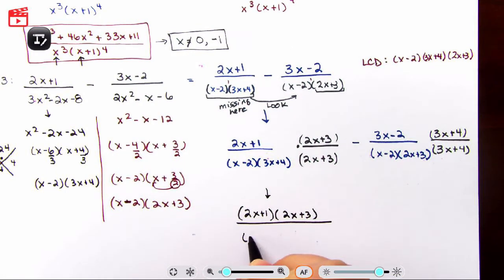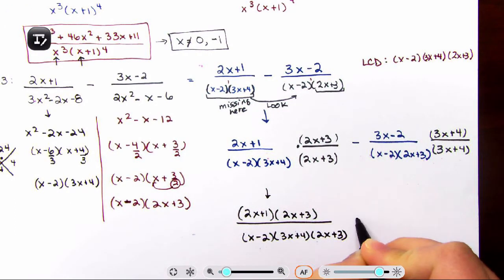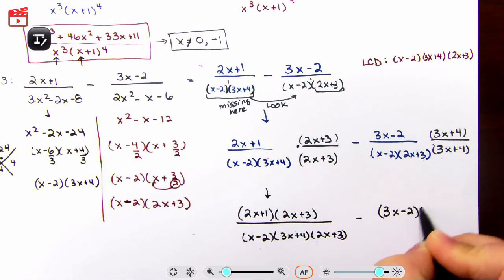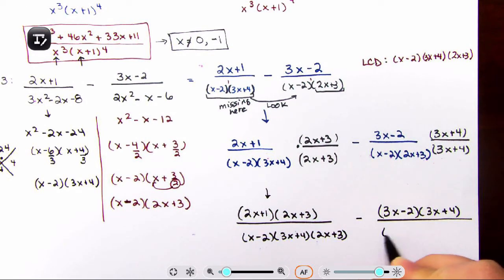My denominators stay as x minus 2, 3x plus 4, 2x plus 3, minus, and then we have our 3x minus 2 times 3x plus 4, and that is divided by x minus 2, 2x plus 3, and 3x plus 4.